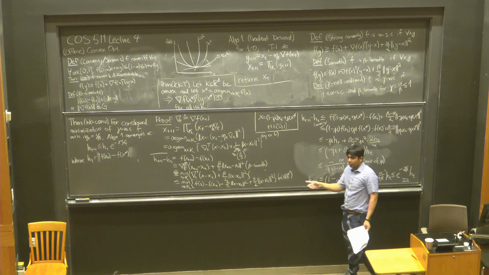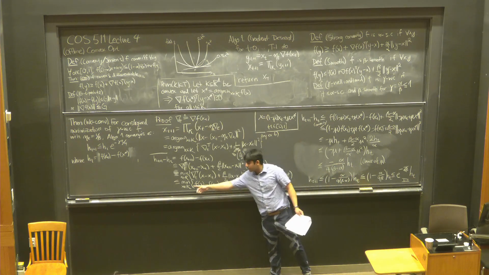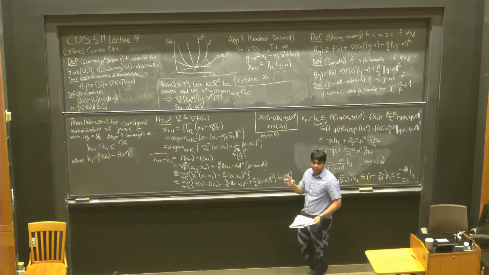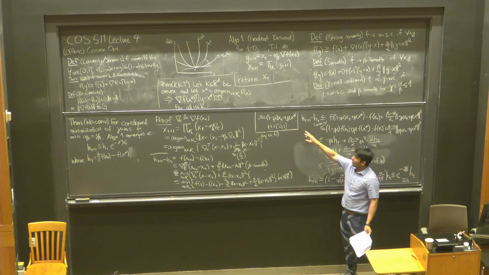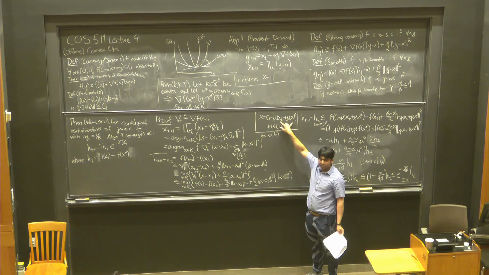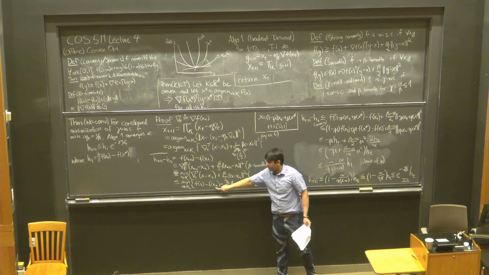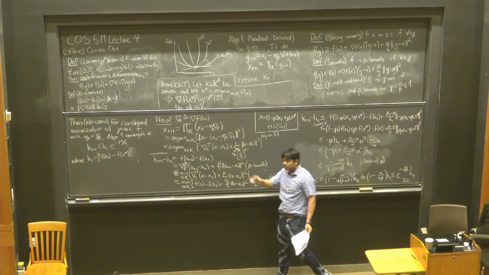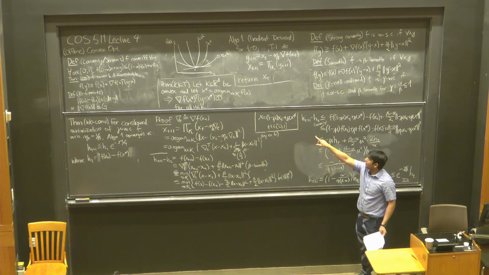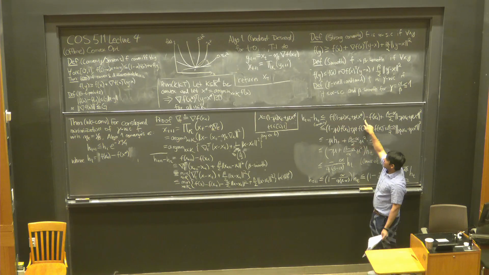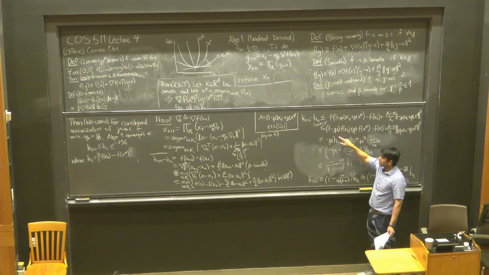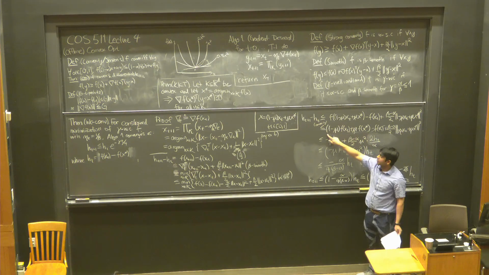Then we're free in our choice of x, and we chose x to be something a little bit nicer. We chose x to be on the line between x_t and x star, because we noticed we had this f of x_t here that we wanted to cancel out. And once we chose it on this line, we could apply Jensen's, the definition of convexity.